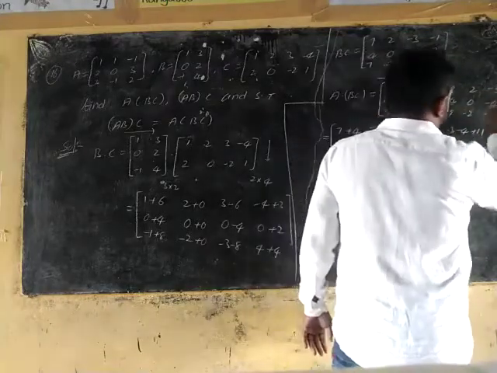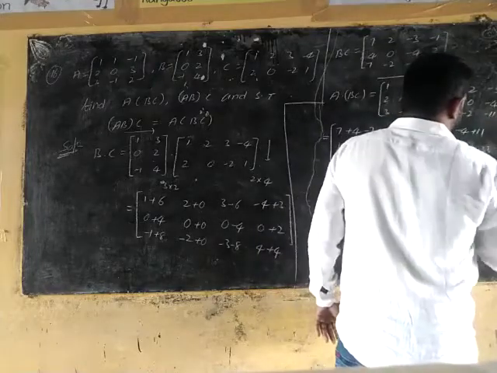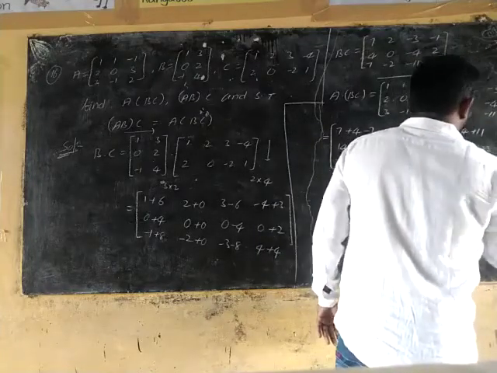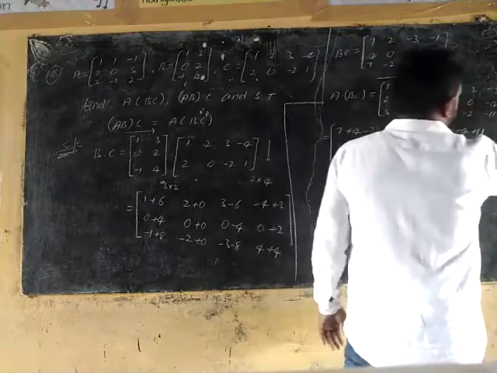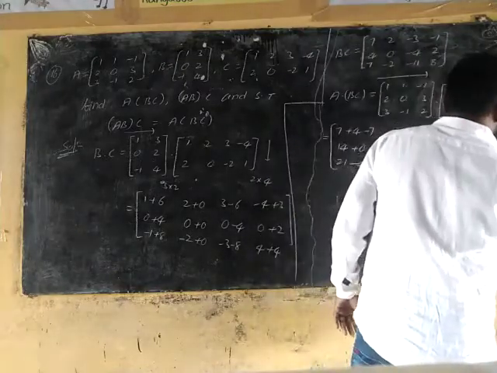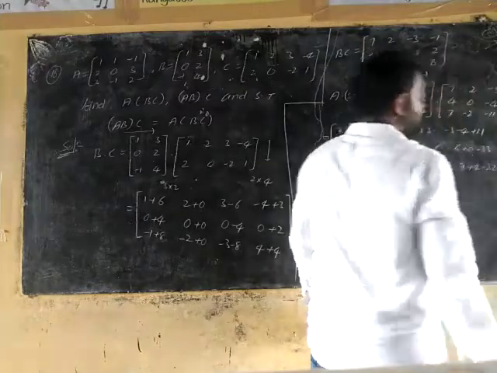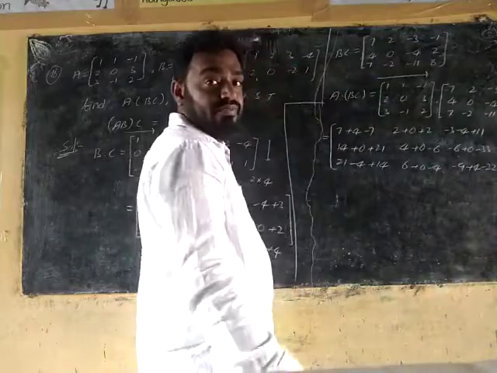Next, minus 1 into minus 4, plus 4. 2 into minus 11, minus 22. Next, 3 into minus 1, minus 3. Minus 1 into 2, minus 2. 2 into 8, 16. Like this we have written.